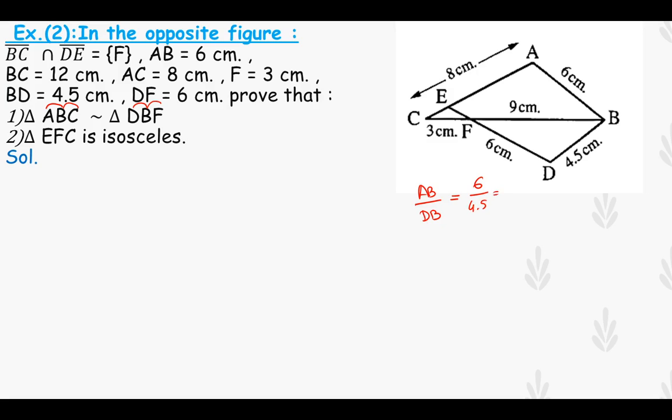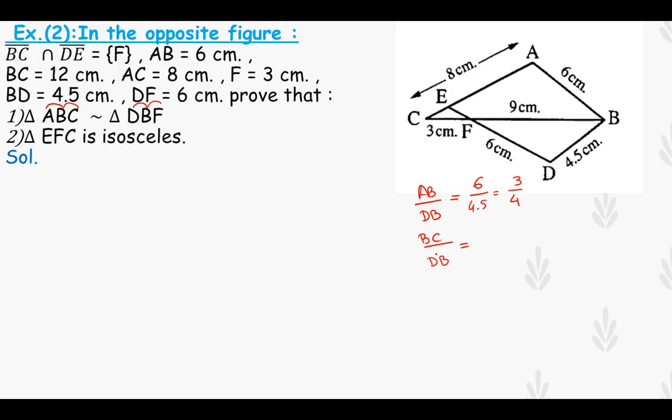Put it in the simplest form, it will be 4 over 3. And then BC over BF.